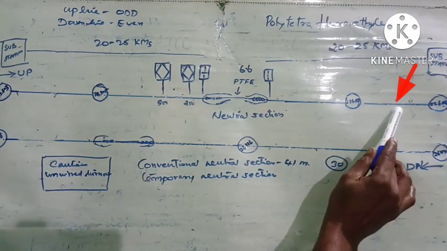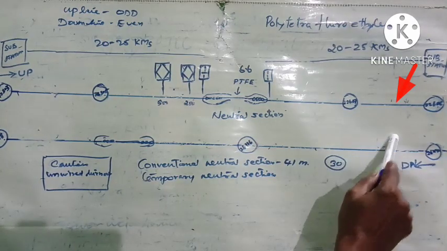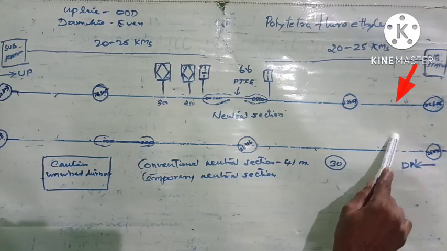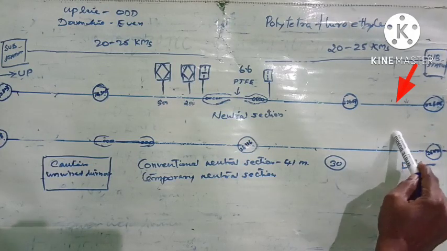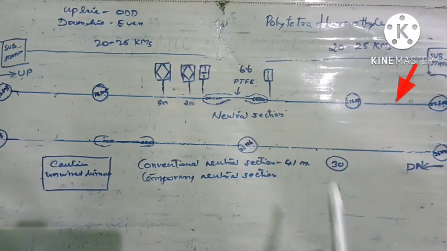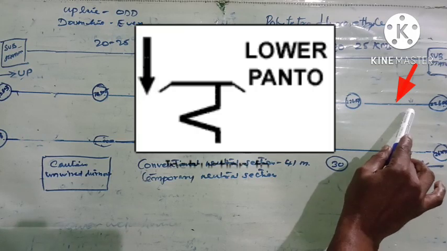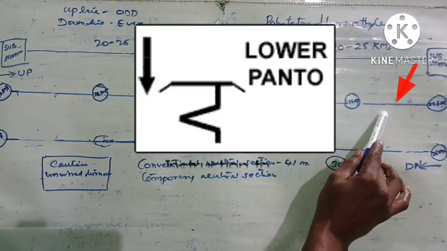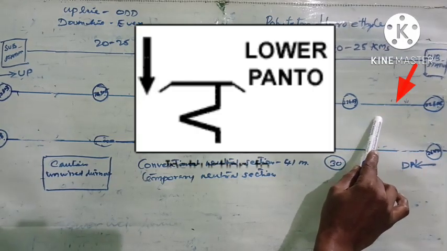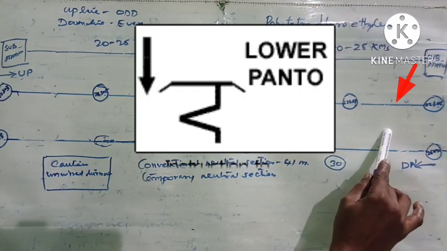So on reaching here, the loco pilot must lower the panto. If the loco pilot does not lower the panto, it will suddenly move up in this gap and it will damage the panto. So wherever temporary neutral section is created, a board will be placed like this, which shows that the loco pilot must lower the panto.